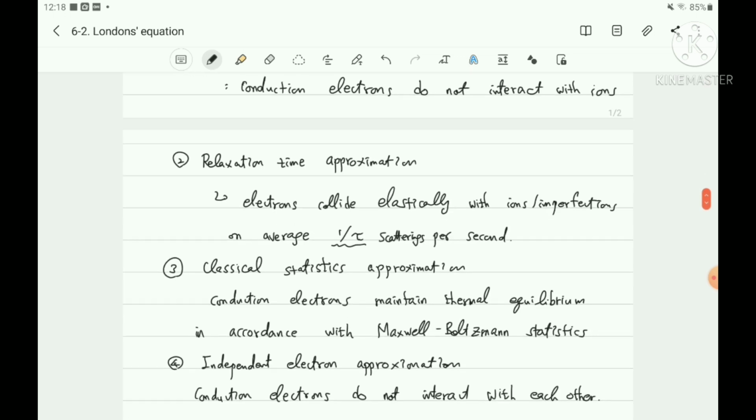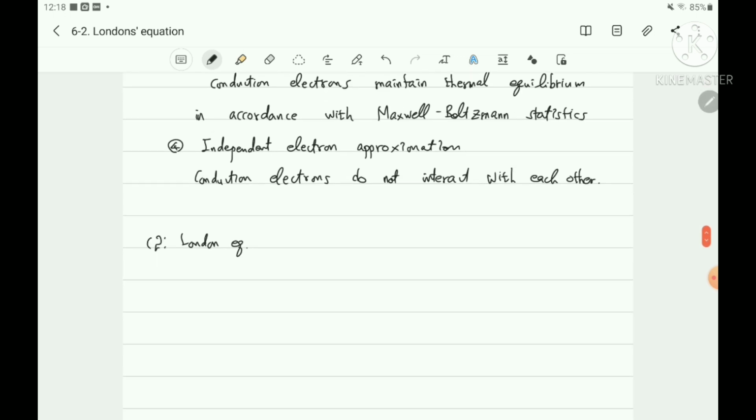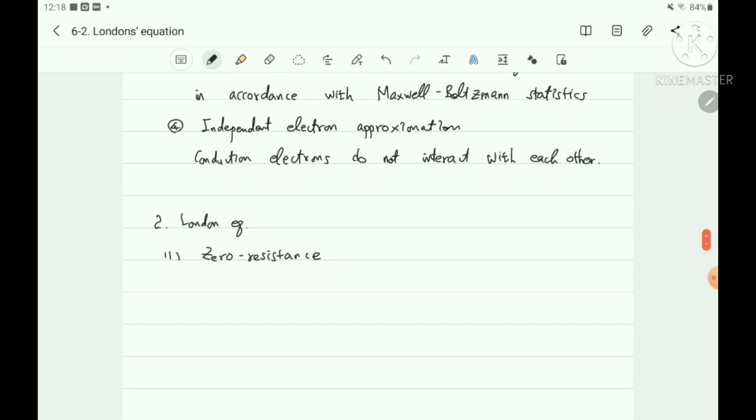The first characteristic is zero resistance. From the London equation, we do not think about the drag force.